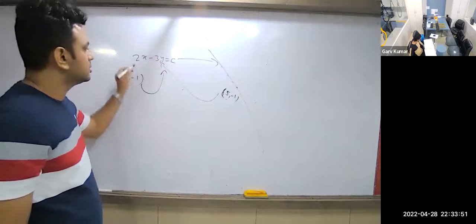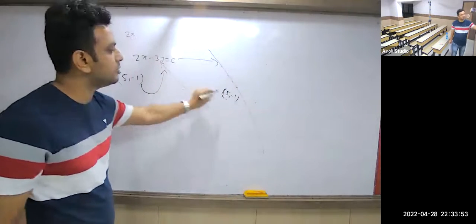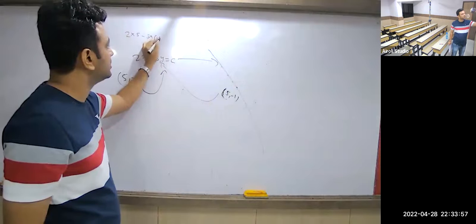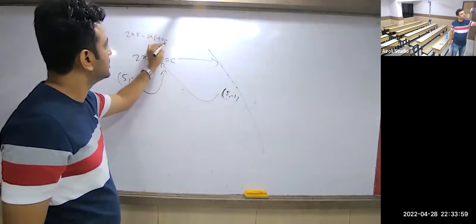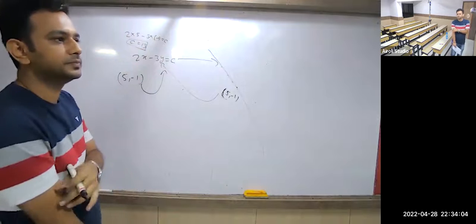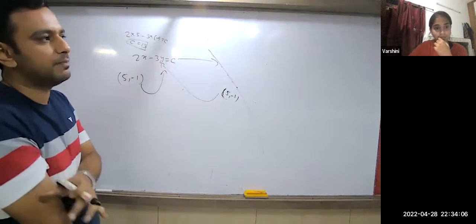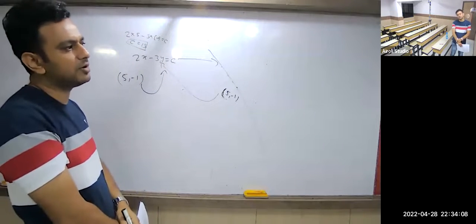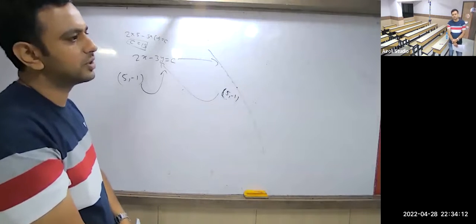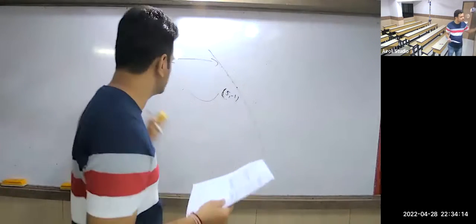So 2 into the x value, you can put 5, minus 3 into the y value, you can put -1, equals c. From here you will get the c value as 13. Got it? The concept is that every point on a curve or a line will satisfy its equation, so you can directly put the value.